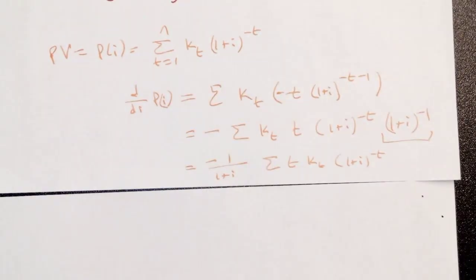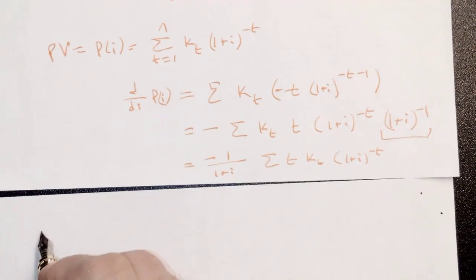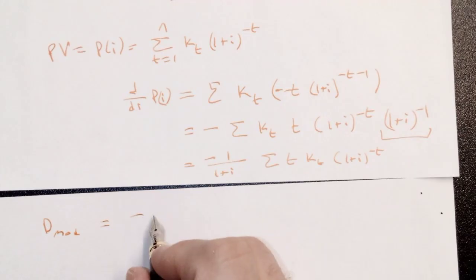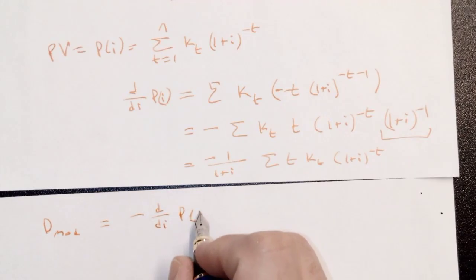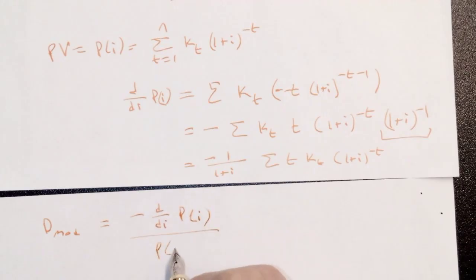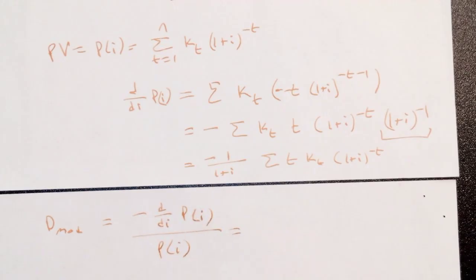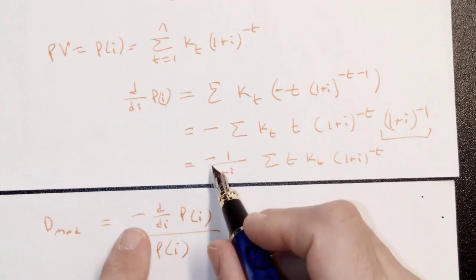So if I do the modified duration here, negative derivative with respect to I of P of I, over P of I, I lose the minus sign because of this right here.